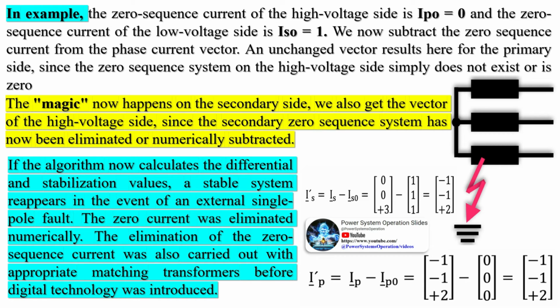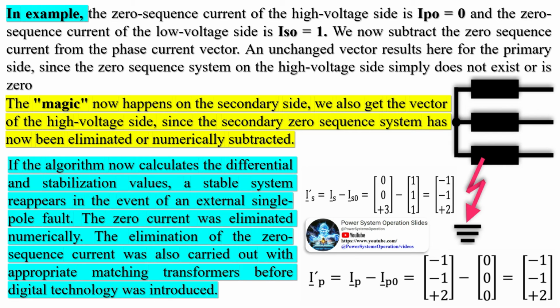We now subtract the zero-sequence current from the phase current vector. An unchanged vector results here for the primary side, since the zero-sequence system on the high-voltage side simply does not exist or is 0. The magic now happens on the secondary side. We also get the vector of the high-voltage side, since the secondary zero-sequence system has now been eliminated or numerically subtracted.